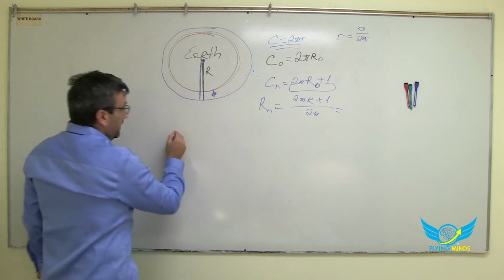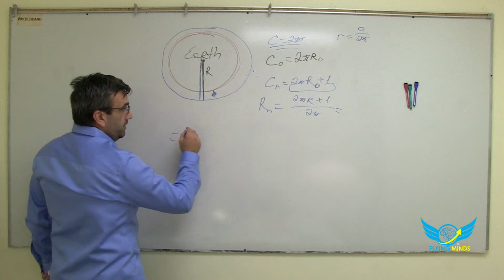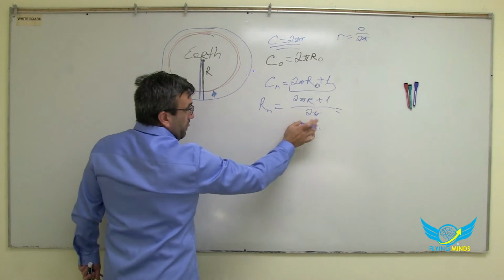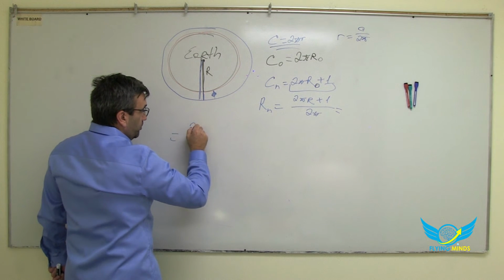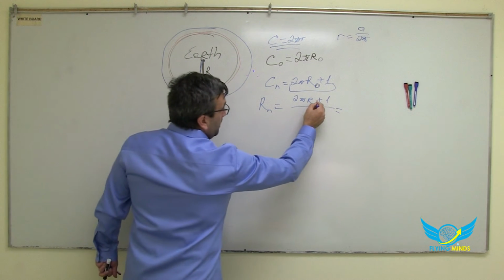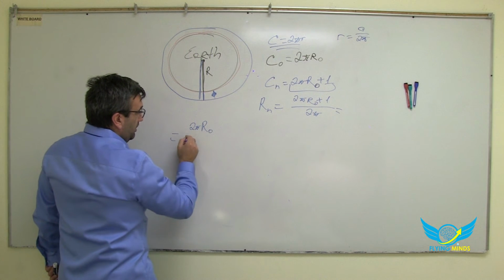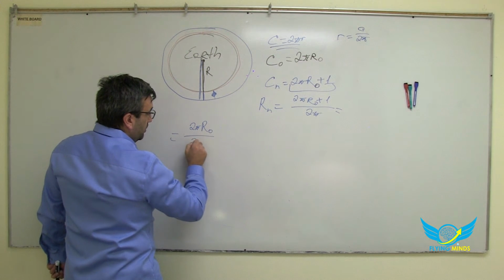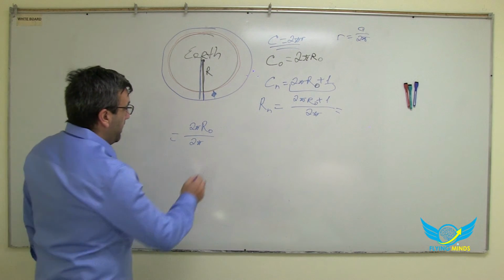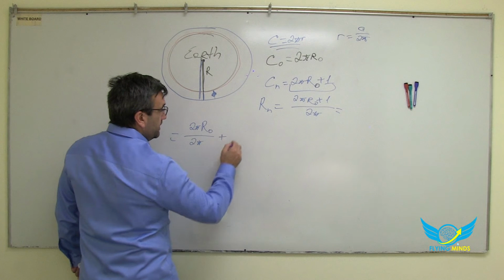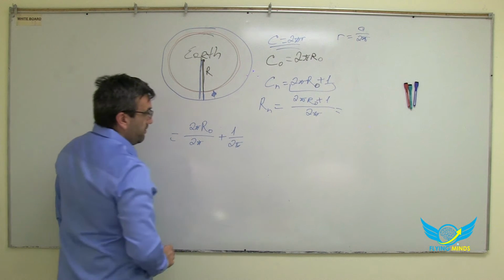And of course we know how to manipulate fractions, so we can split it into two fractions because we have a common denominator. So it will be 2 pi R over 2 pi plus 1 over 2 pi.